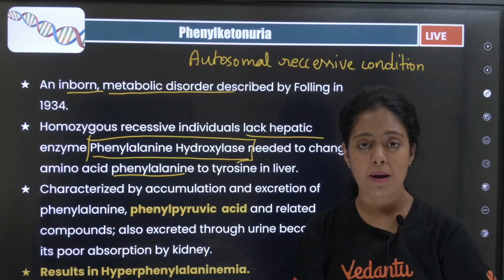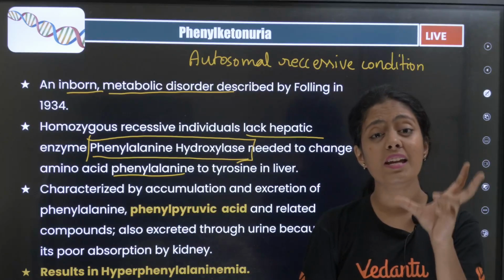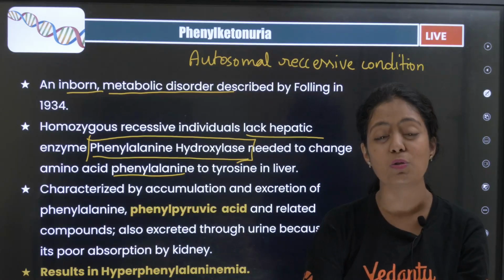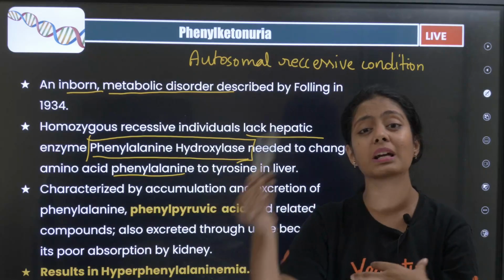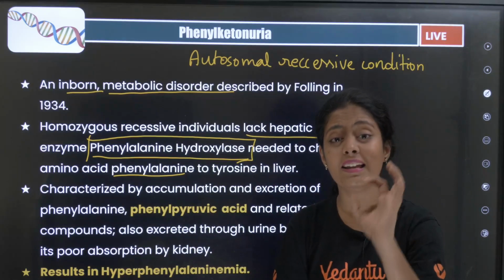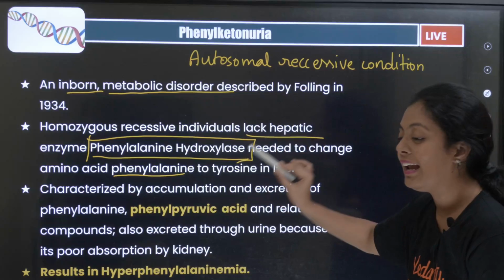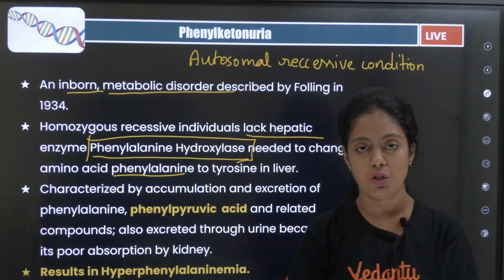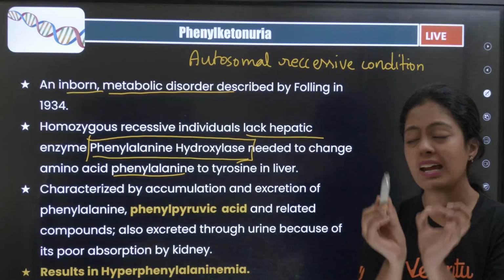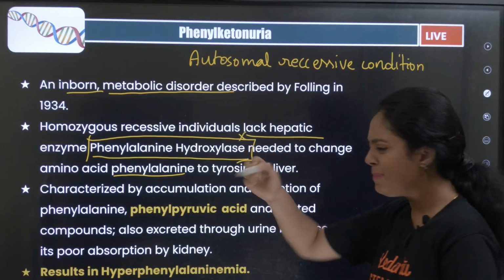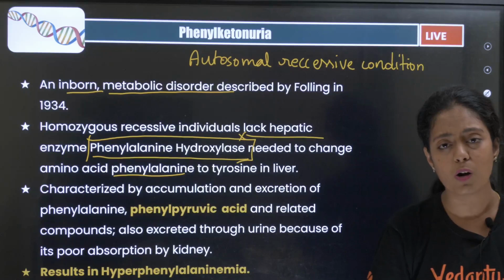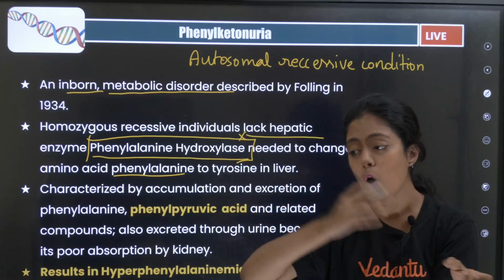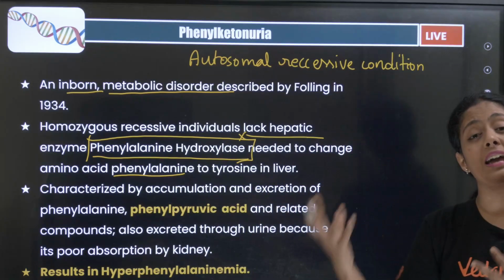In the protein you eat, there is the amino acid phenylalanine. That phenylalanine has to be converted into tyrosine, and that enzyme is phenylalanine hydroxylase. But in people with phenylketonuria, this enzyme is absent. So phenylalanine cannot be converted into tyrosine.